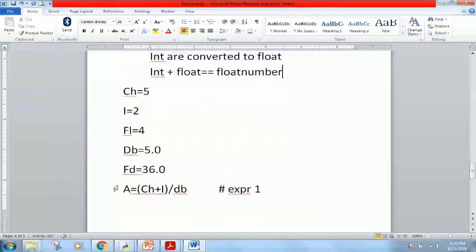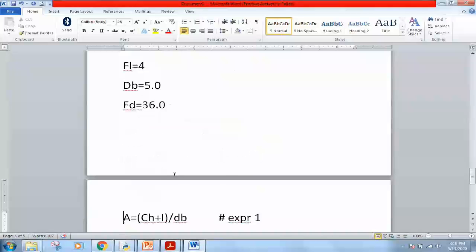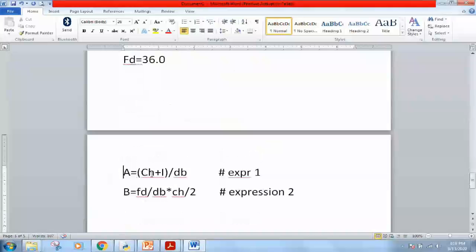Now first is this expression. Try to understand this expression. This is the bracket, so brackets are always parentheses. According to the priority rule, parentheses will always be solved first.